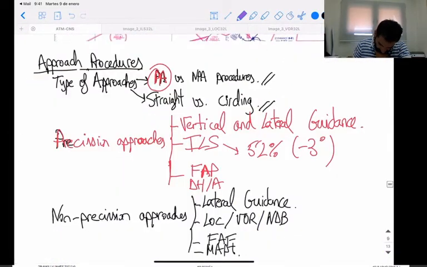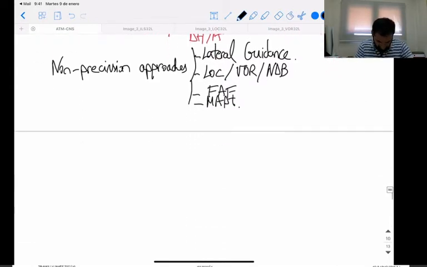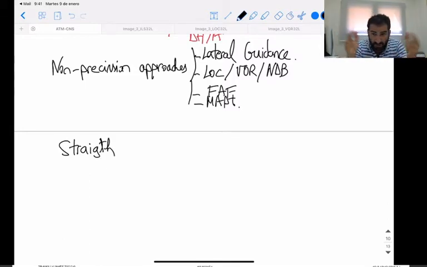Now, when it comes to the difference between straight and circling, straight is the most typical one. Precision approaches are straight approaches, and most of the non-precision approaches are also straight approaches, because this means that the final approach segment is aligned with the runway heading, with the runway center line.